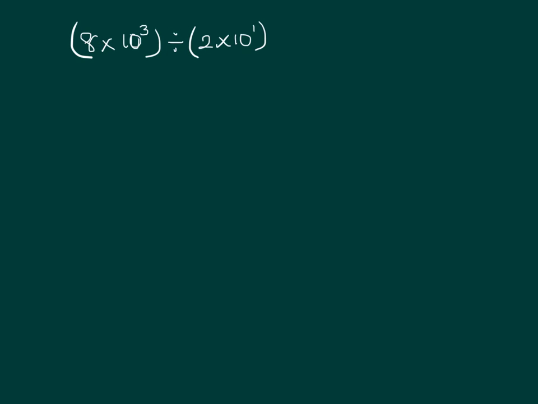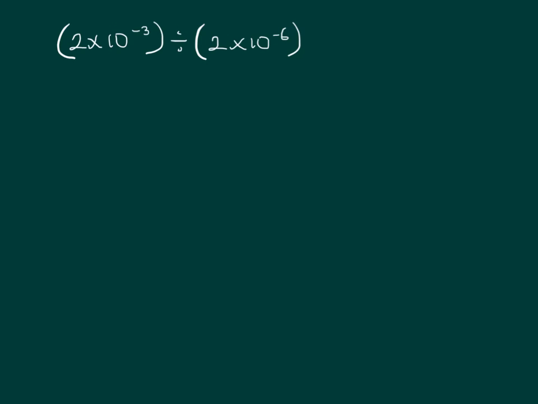We know that 8 divided by 2 gives us 4 times 10 to the power of, well, subtract the powers. So here you're going to have 3 take away 1, so my final answer is 4 times 10 to the power 2. We can stop here because this first number is less than 10, so this is in standard form.